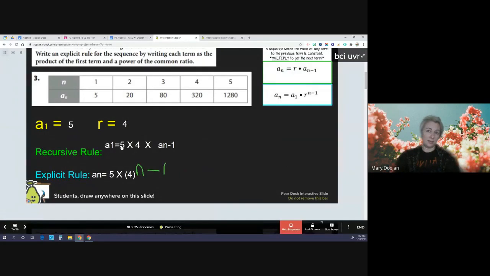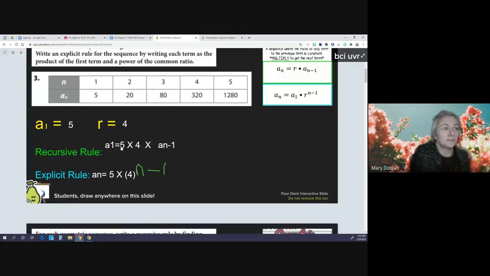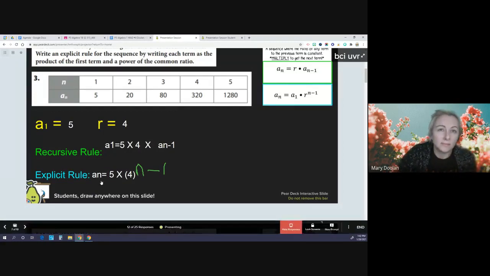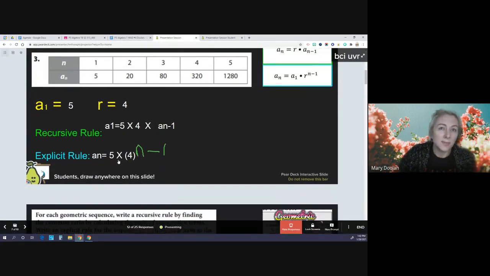And then you want to write, I'm not really sure what that says. This one looks a little bit maybe easier to read. 4 times to the n minus 1. This one's right. So this is the explicit rule here.